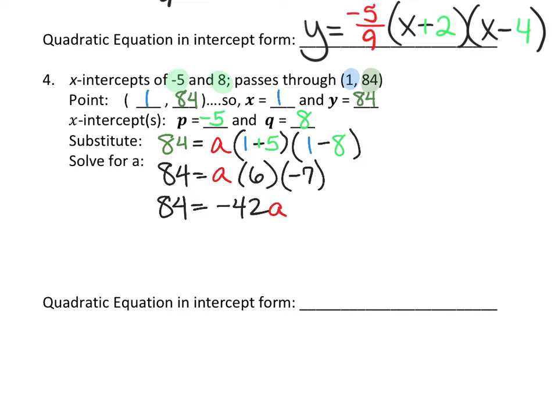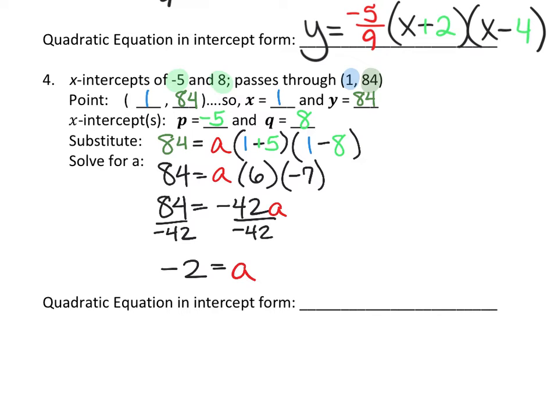Negative 42. So I divide by negative 42. And 84 divided by negative 42 is negative 2. I told you not to panic. You might get fractions. You might get big numbers. You might get small numbers. That's okay. This one was a nice, pretty number, negative 2.